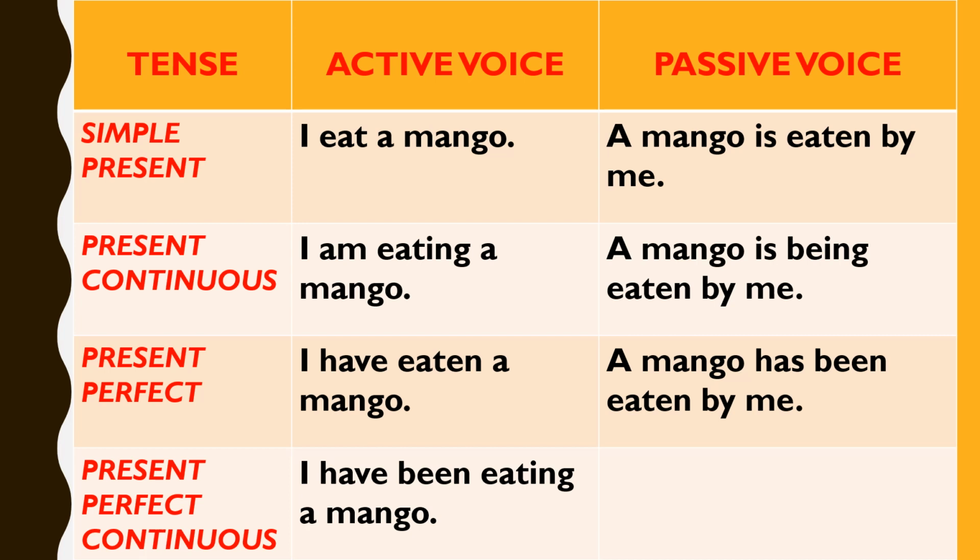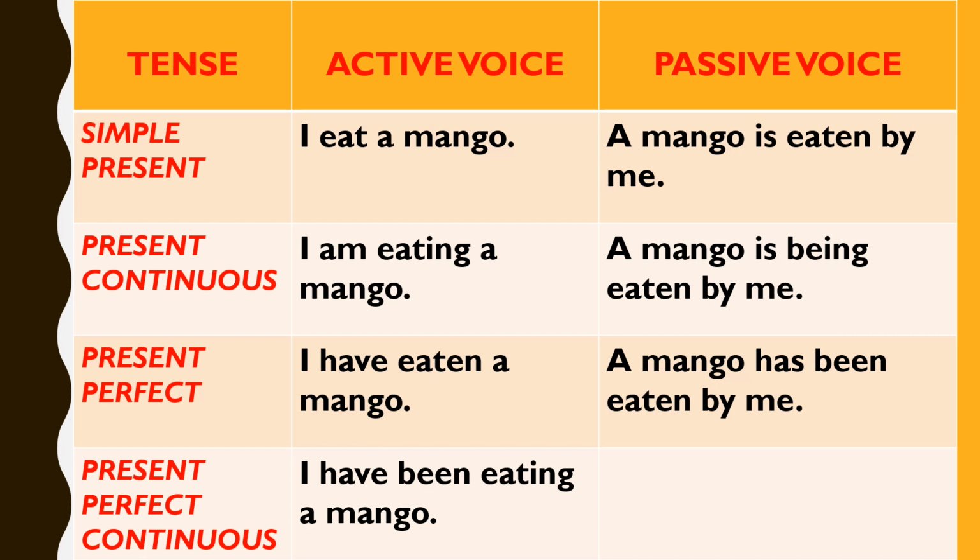So while changing sentences from active to passive voice, another thing to be kept in mind is you should never change the sense or meaning of the sentence. If you don't add the preposition by, it will not be of the right sense. So you need to add the preposition by to make the sentence meaningful.